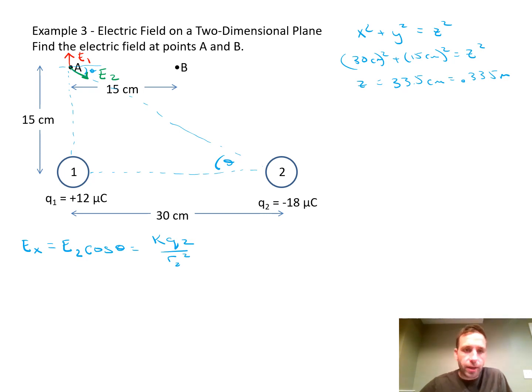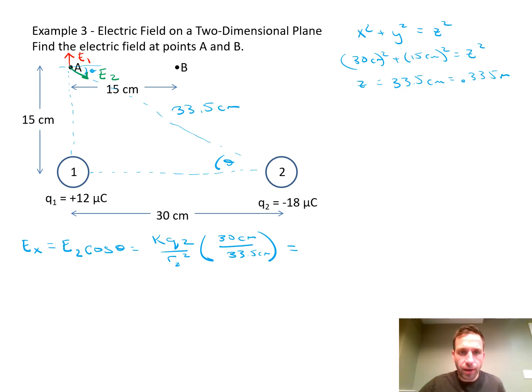And then cosine theta, we could figure out what this angle is, but we know cosine is adjacent over hypotenuse. And so the adjacent side of this triangle is 30 centimeters, and the hypotenuse is 33.5 centimeters. So we might as well just say 30 over 33.5 as the cosine theta.